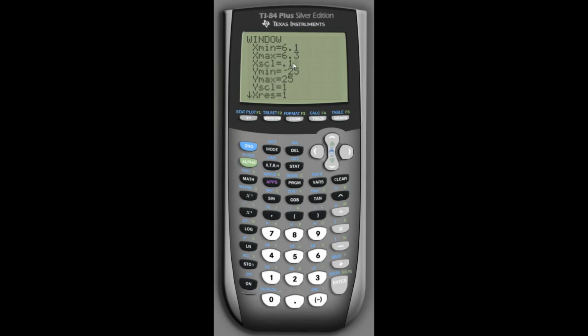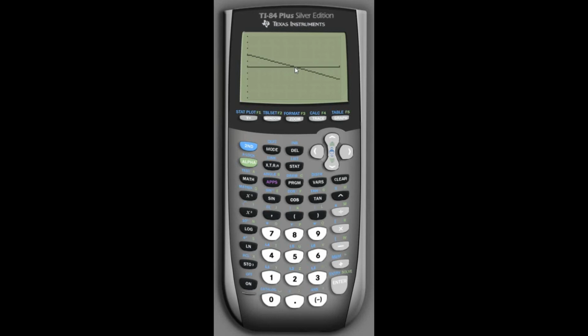It will have this dash at 6.2. Let's decrease the range here to -5 and 5. Okay, let's do the graphing. We can see that the answer is about 6.2.